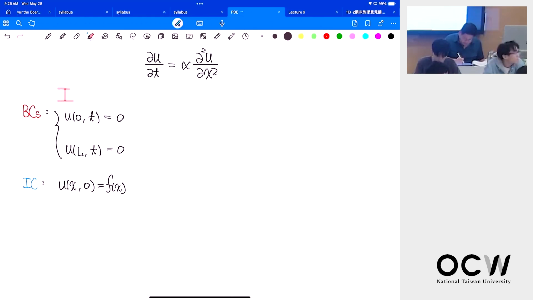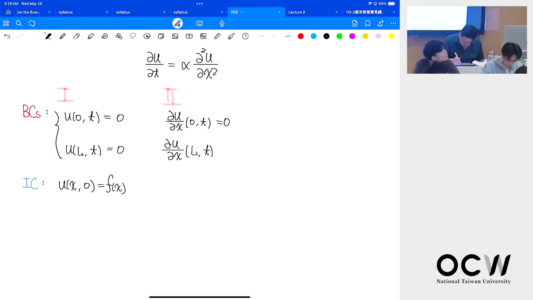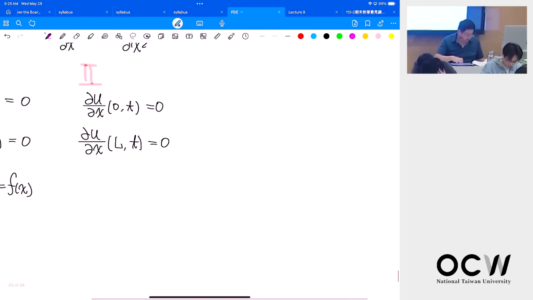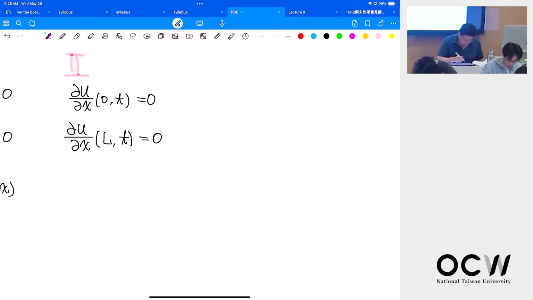The second one, if I take the derivative, then it is 0 at the boundary. And we also call this condition the Neumann boundary condition.